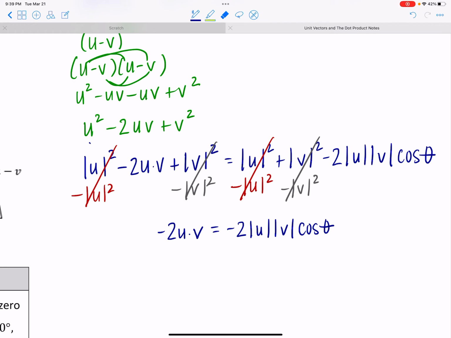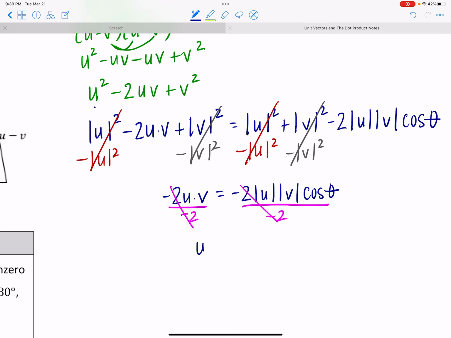Well, if I see a negative 2 on both sides, again, I could divide that out. Divide this side by negative 2, divide this side by negative 2, and now I have another definition for my dot product, right? So this says that u dot v, my dot product, is also going to be equal to the magnitude of u times the magnitude of v multiplied by the cosine of theta.